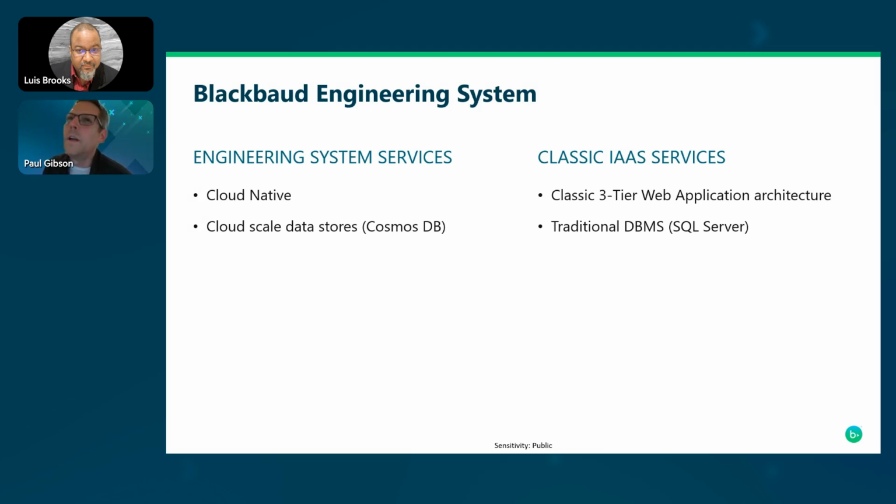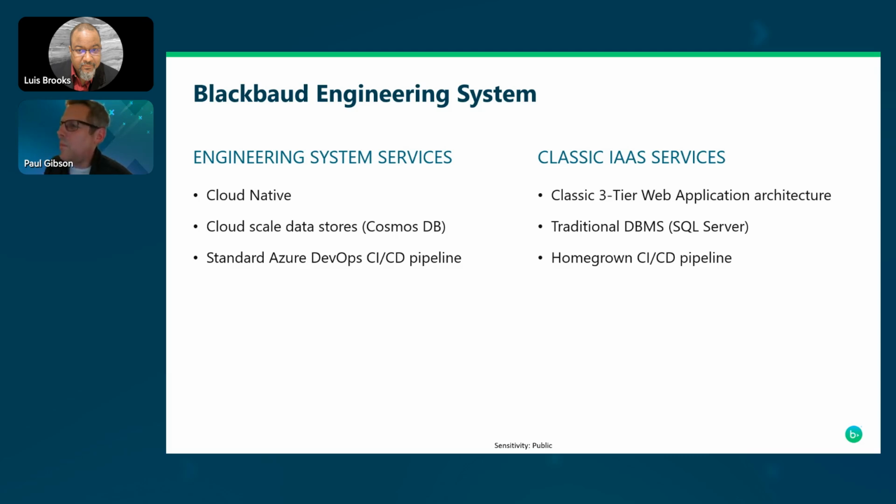If you're a classic SQL Server shop running a corporate scenario where you just have one database, SQL Server is great at that. Once you try to take that multi-tenant and do it at cloud scale, you've got a lot of burdens. And these new cloud scale data stores embody all those things, so we don't have to home roll it.